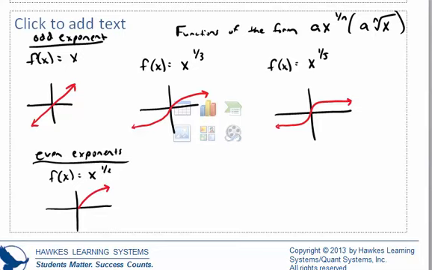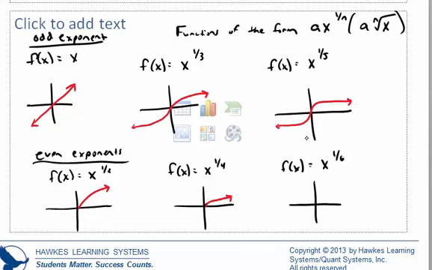If you increase the power, so maybe we make it to the 1/4 instead, then we can see the graph start to flatten out and not be quite as steep. And again, if we're looking at increasing it one more time, so making it to the 1/6 power, then we see that even flatter.